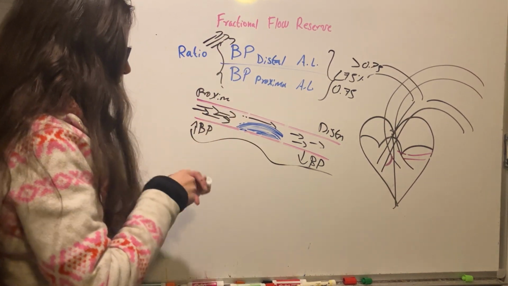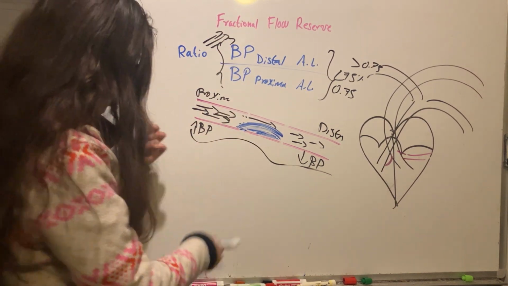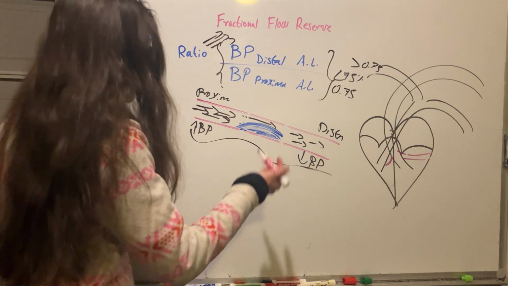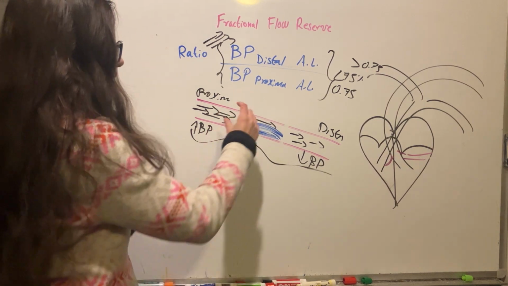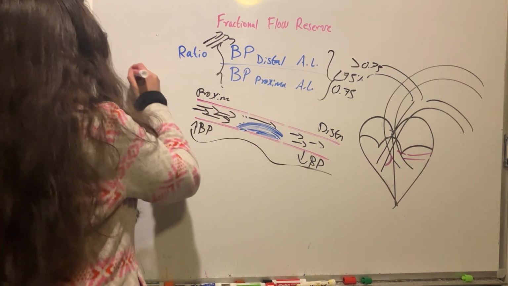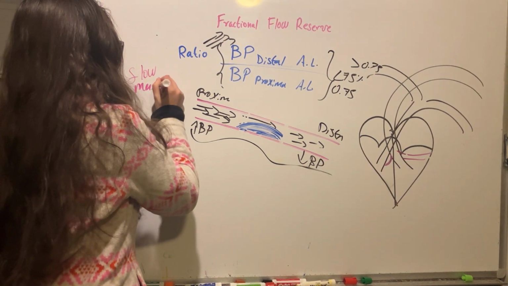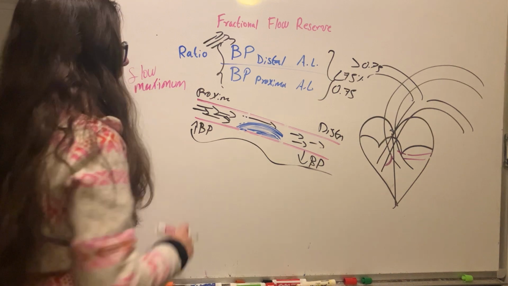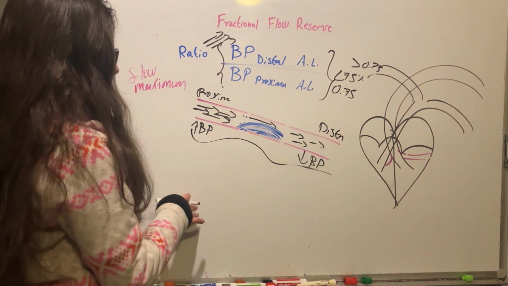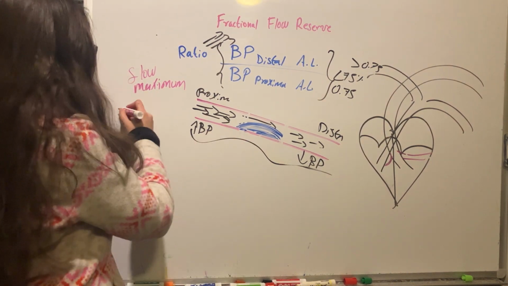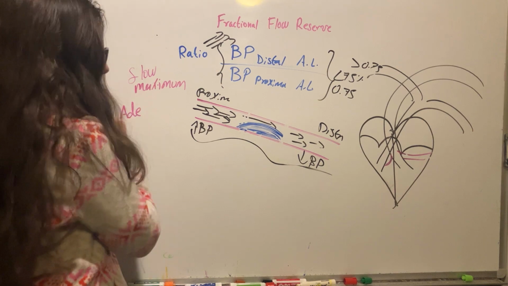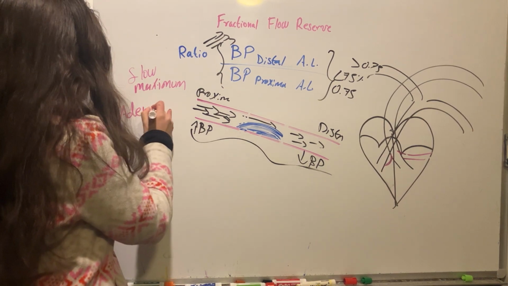Now this is measured with the flow being at maximum. We take some drugs, could be adenosine for example, that has a vasodilation effect.